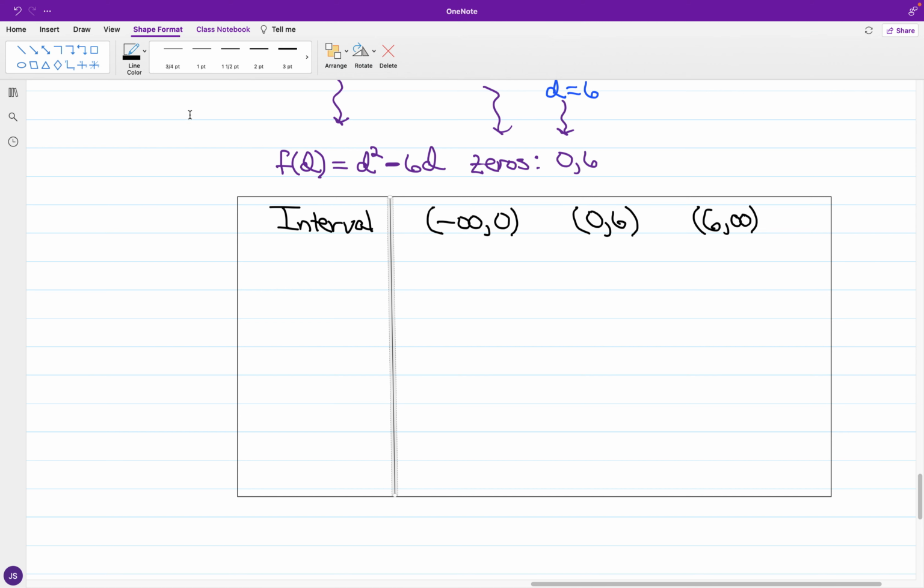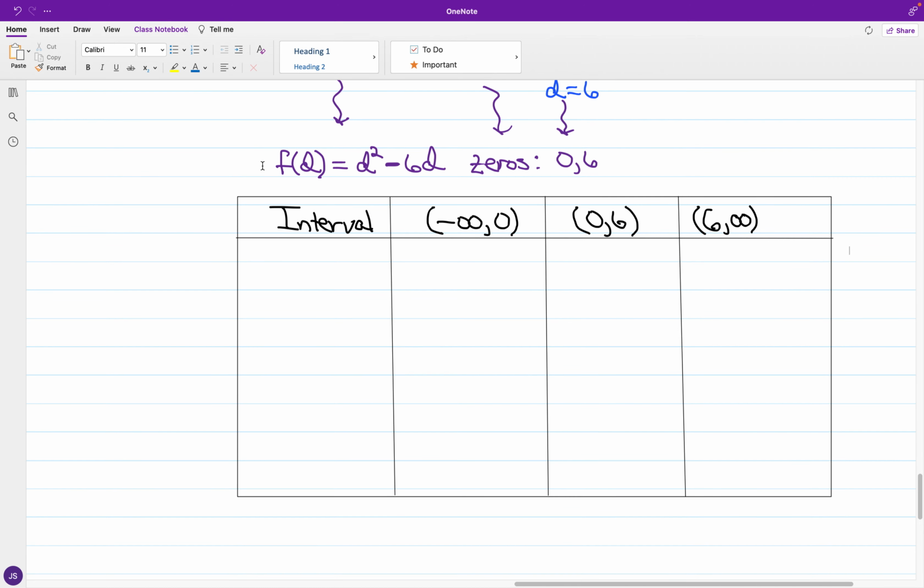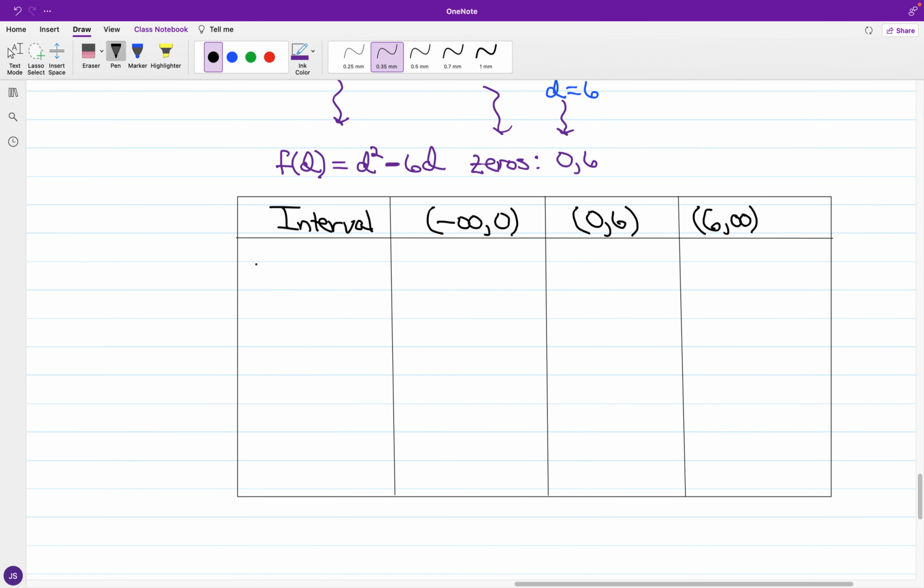Okay, so just as we had the tested value x to start things off, now we're going to have a tested value for the input letter, so you have the tested value d.